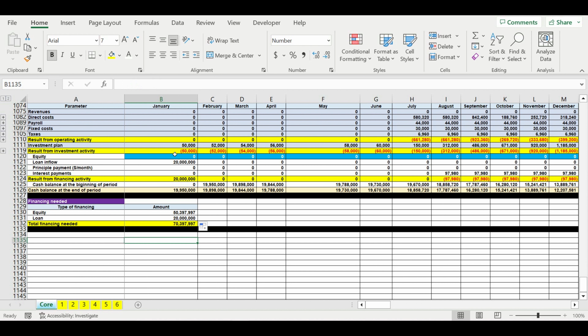When we are testing our project, we are creating a huge amount of scenarios. So 10, 20, 30, 40 is okay. And for that purpose, we need to automate the process of calculating the amount of financing we need in this case, that case.